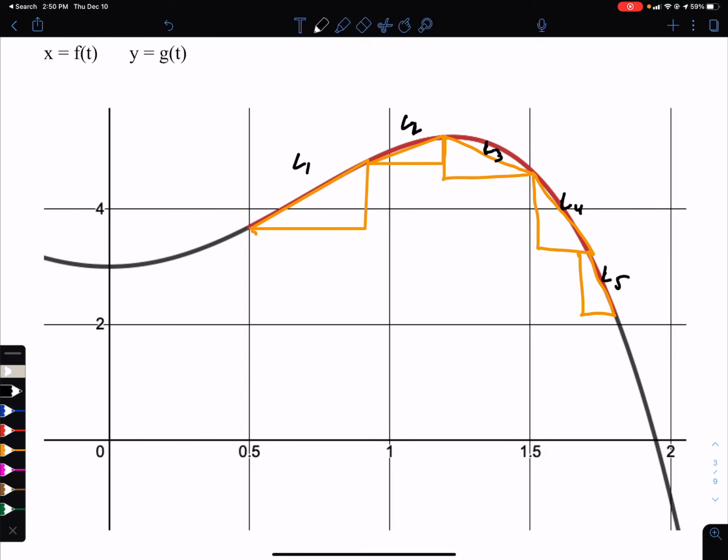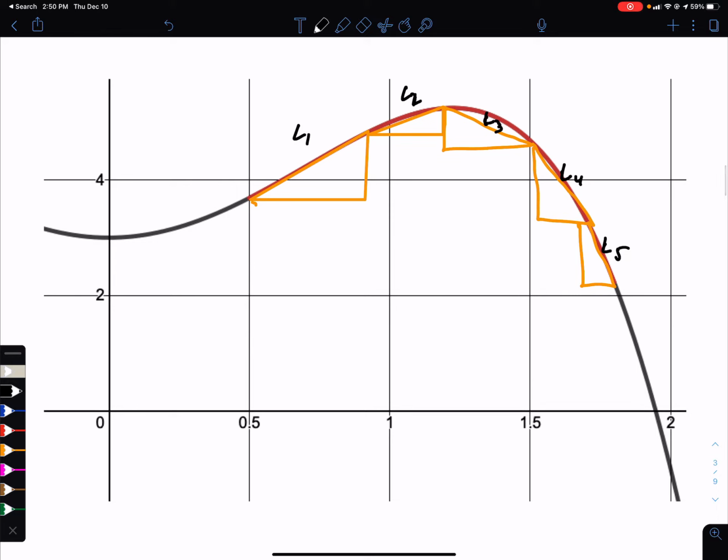Well, let's figure out how to do that. So we're going to sum all of our L's, but let's do this. This is delta x sub 1, delta y sub 1, and you have delta x sub 2, this will be delta y sub 2, and so on and so forth.